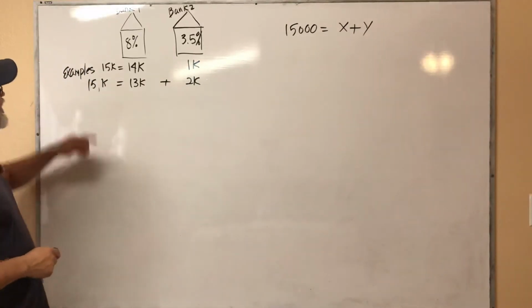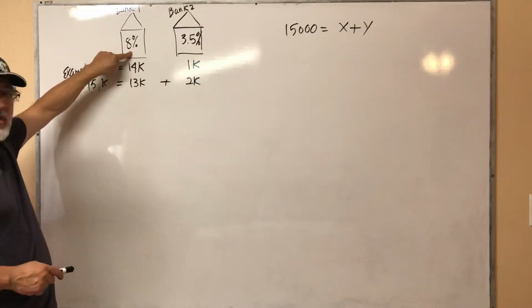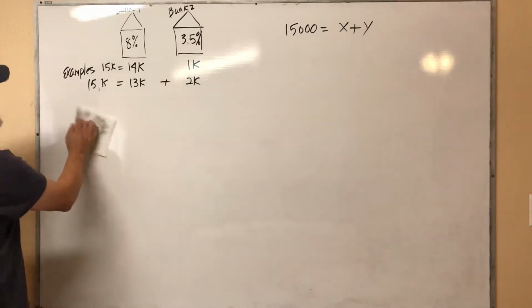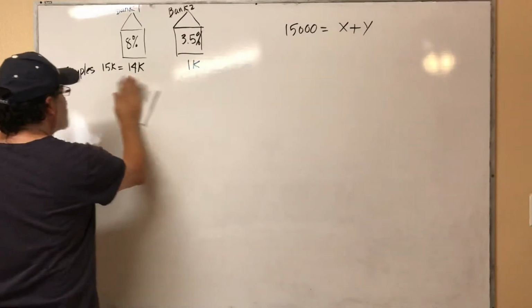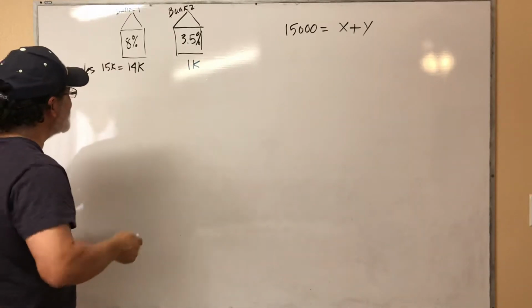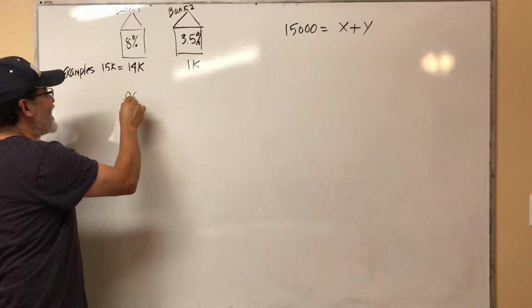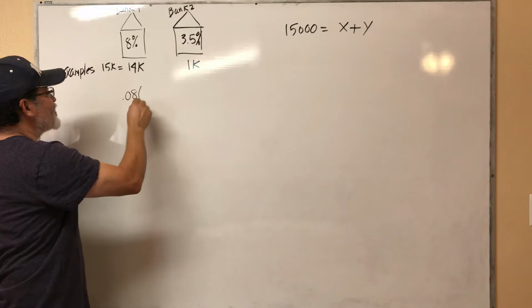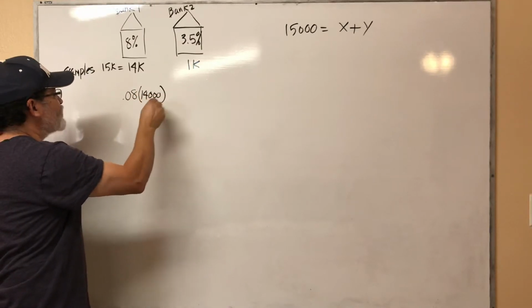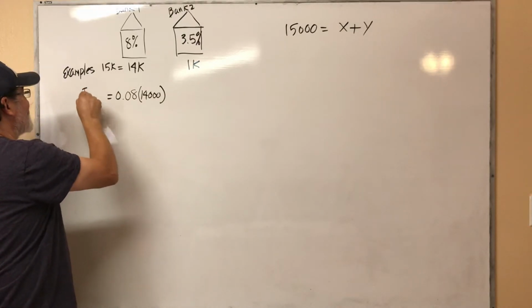So if $14,000 was invested here, what's the interest? If $14,000 is invested here, the interest is 0.08 times 14,000. This equals the interest.